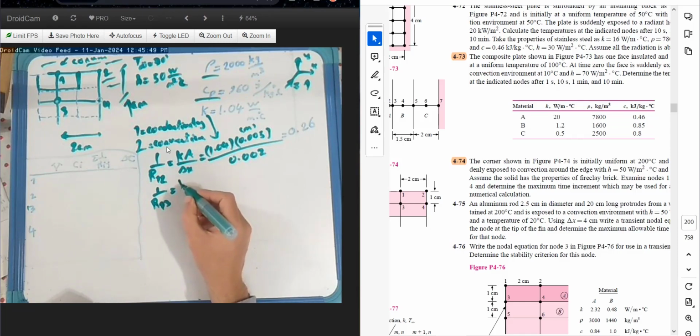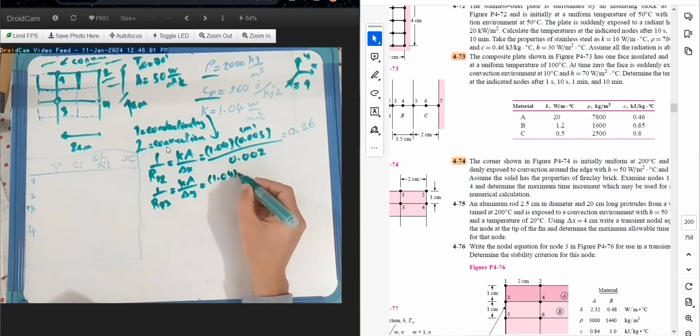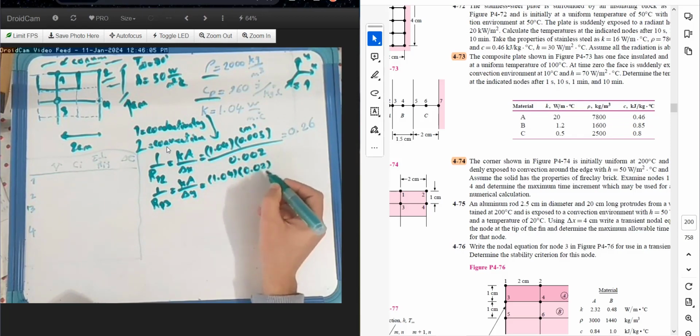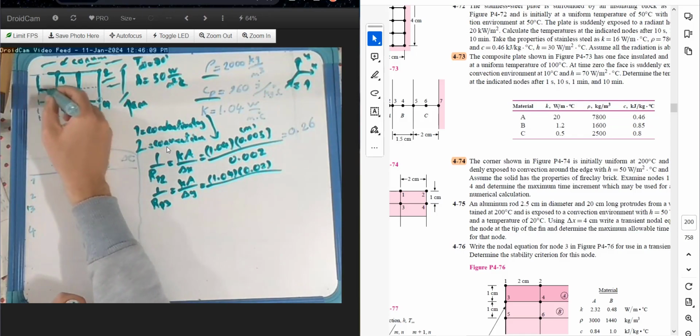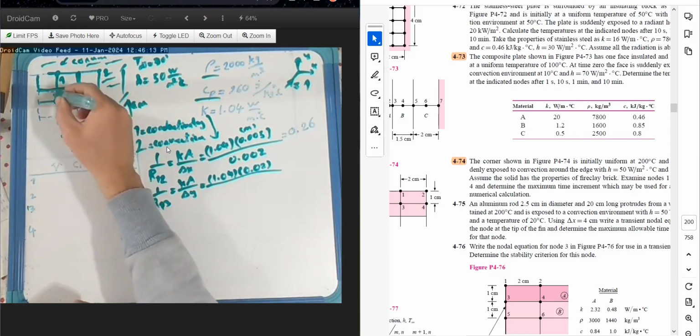It would be k A over delta Y, 1.04 multiplied by 0.02, because this is A. And what is delta Y?